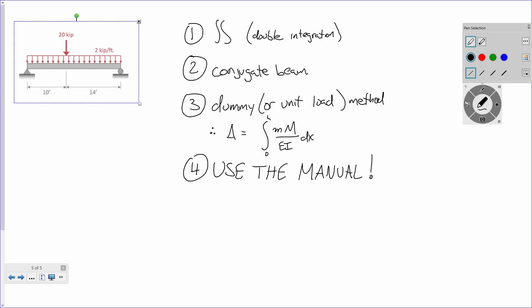Okay. There are beam deflection formulas in the manual. My only note that I would make is make sure units are compatible. Okay? So you all have this handout right here.